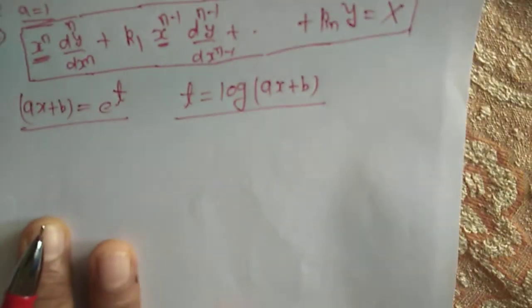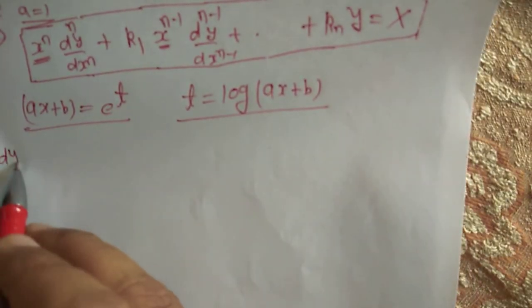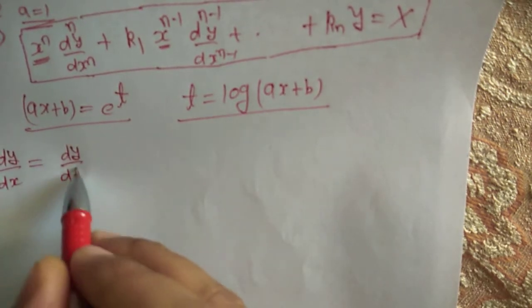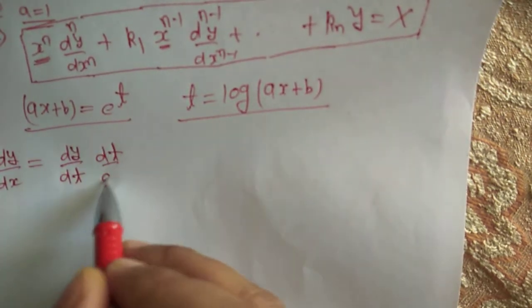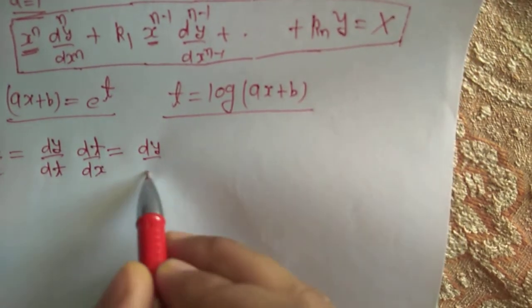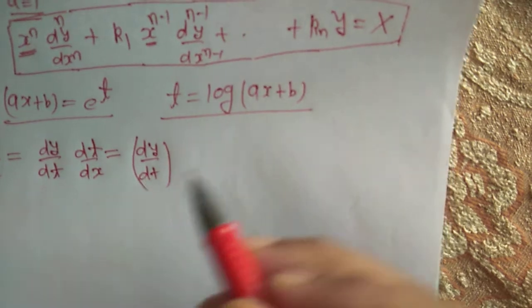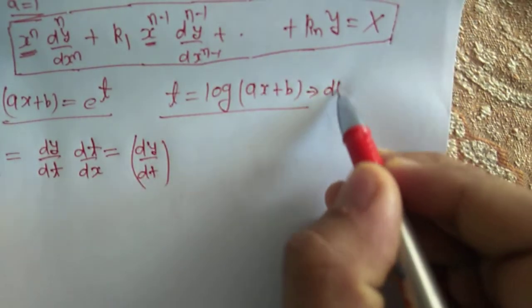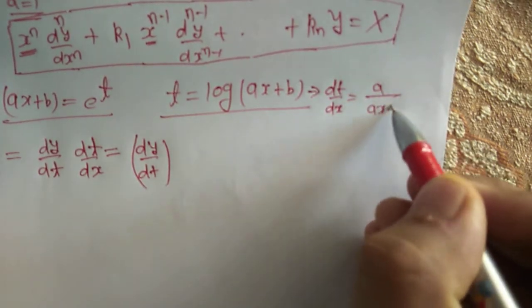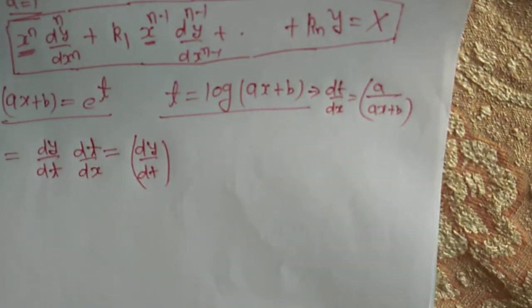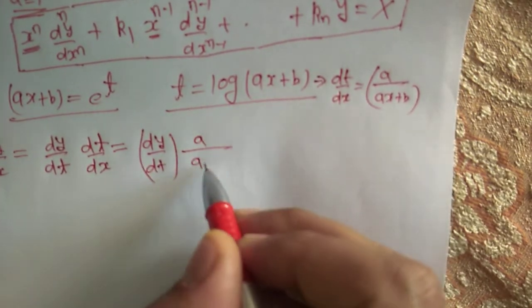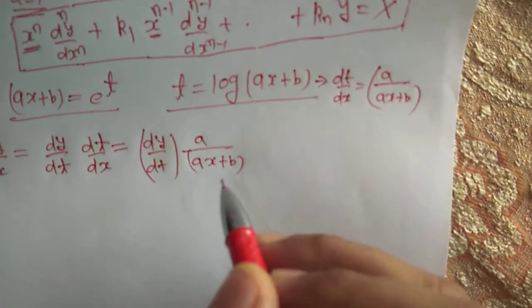Now let us calculate the first derivative: dy by dx equal to dy by dt times dt by dx. This dy by dt is fine, but dt by dx is a upon ax plus b.